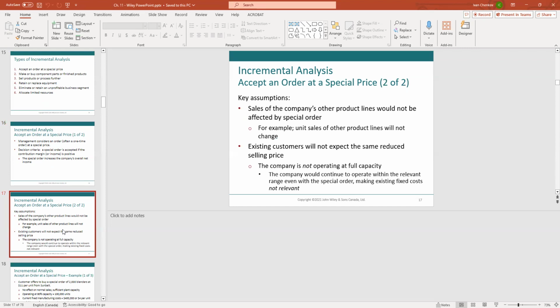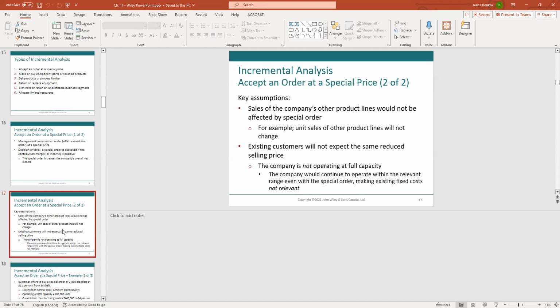So now, the key assumptions are that the sales of the company's other product lines would not be affected by these special orders. Also, the existing customers will not expect the same reduced selling price. The other thing that we have to make sure of is the company is not operating at full capacity.